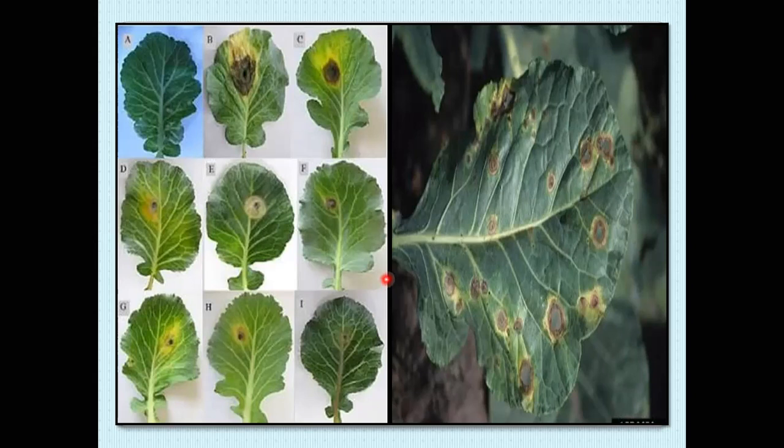You see here the photographs of Alternaria species infecting the leaf of the cabbage. These symptoms generally appear on the leaf and also on the stem of the plants. First of all, this disease appears as minute yellow specks.